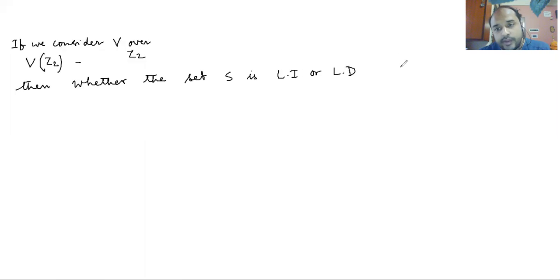Okay, so we are still considering our vector space V to be F3, but instead of taking the field as the set of real numbers, we are considering it to be the set denoted by Z2, that is, a finite field. So we are going to check whether under this condition our set S is LI or LD.